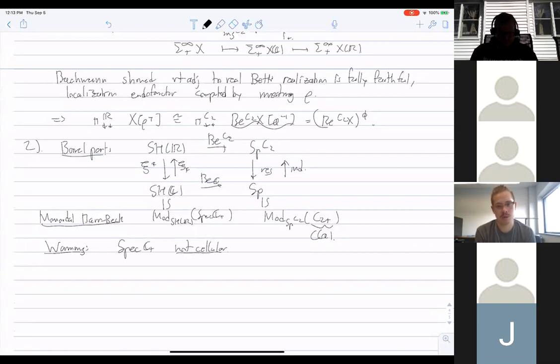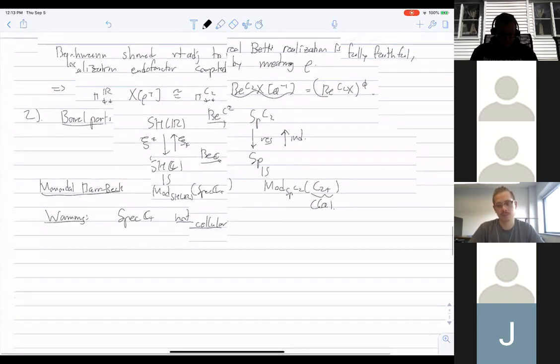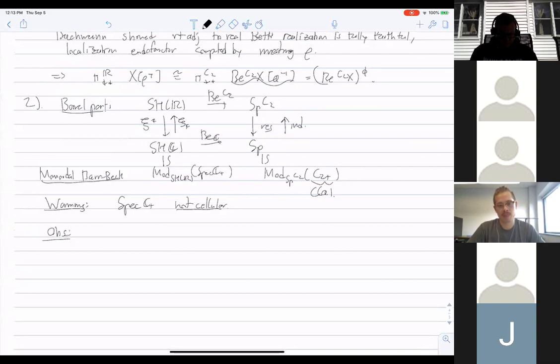I want to lift the result at the level of Betti realization to C2 Betti realization, so I better impose a cellularity hypothesis somewhere. Rather, the observation to make is that there exists a non-canonical cellular, two-complete equivalence from the cofiber of rho to spec C plus.